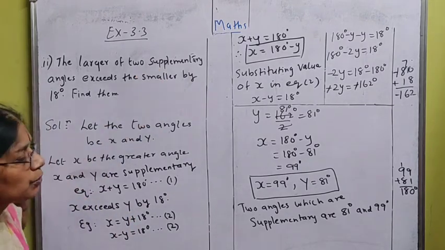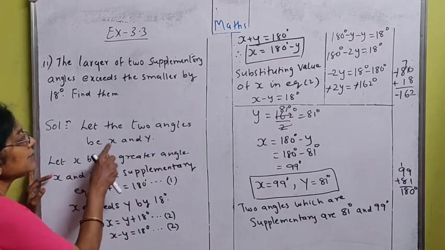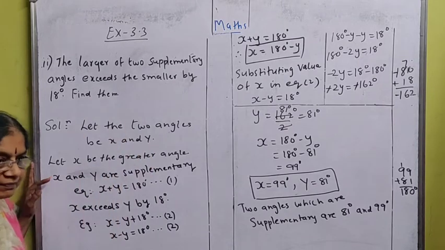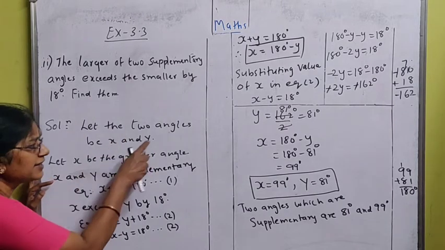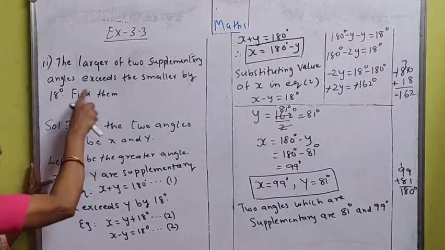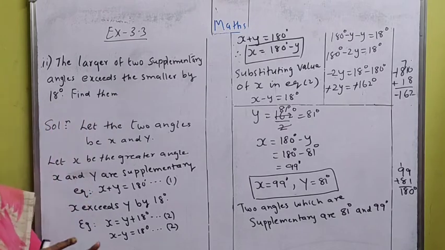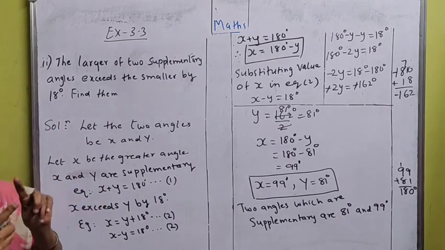If we don't know the two angles, we have to suppose, let the two angles be x and y. That means the sum of x and y must be 180 degree. Then, from the two supplementary angles, naturally one will be a larger angle and another a smaller angle.